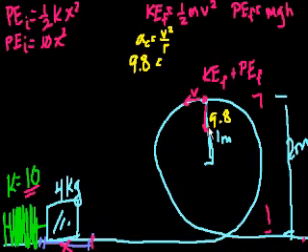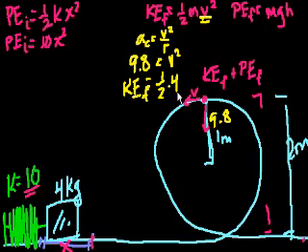And what's the radius of this loop-the-loop? Well, it's 1. So v squared over r is just going to be equal to v squared. So v squared equals 9.8. We could take the square root, or we could just substitute the 9.8 straight into this equation, right? So the kinetic energy final is going to be equal to 1/2 times the mass, which is 4, times v squared, which is 9.8.